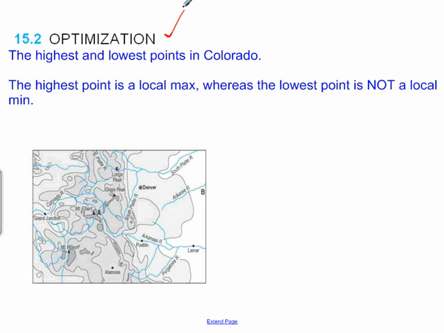So let's think about the state of Colorado. Colorado is essentially a rectangle. Here's the state of Colorado. And if we wanted to optimize the altitude of Colorado, that means find where Colorado is both the biggest height and the smallest height.